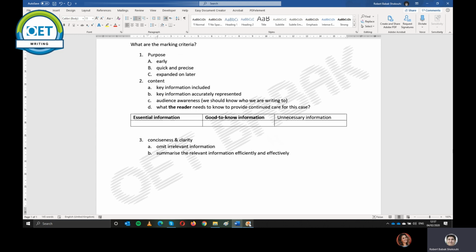What is the difference between efficiently and effectively? Efficiently means it comes with efficiency: giving the best amount of information with the lowest number of words.